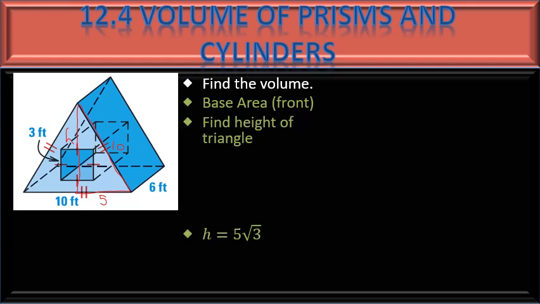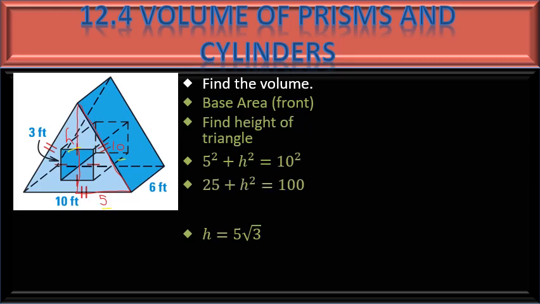It's an equilateral triangle. So when I draw this, all the sides are 10. So the slanted side's 10. I drew my height straight down to the center, so it's going to hit directly in the center, and so that'll be 5. So we could use the Pythagorean Theorem. You can say 5 squared plus the height squared equals 10 squared.